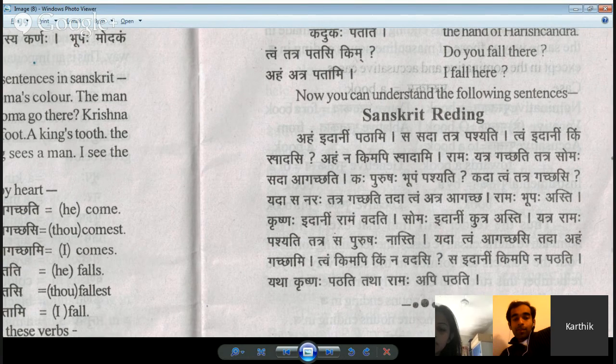Next Unnati, you can read the next 3. Okay. Aham na kimapi khadami. So I do not eat anything. Anything, correct. Yep. Next one. Ramah yatra gacchati tatra somah sada agacchati.